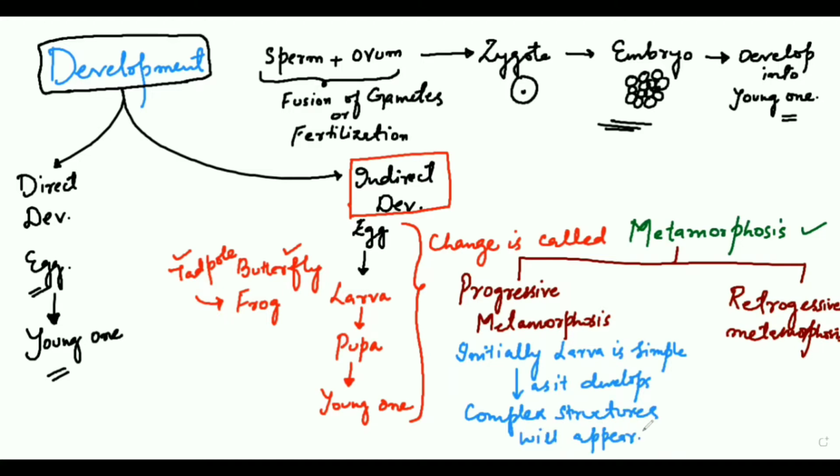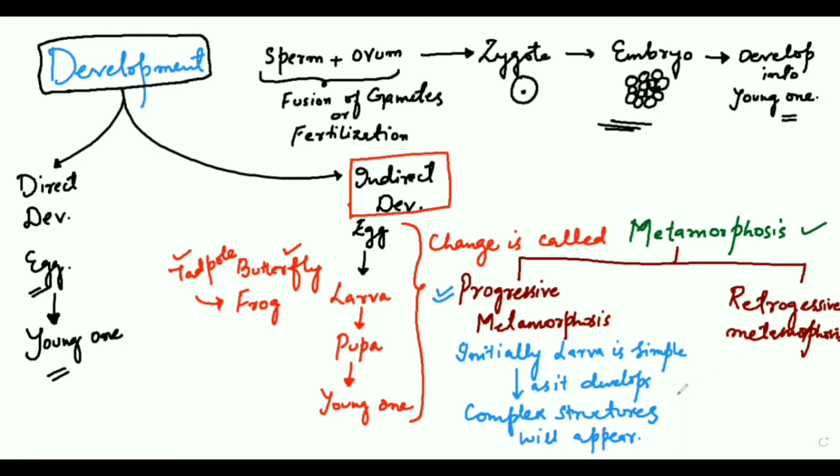You'll see that the initial larva has very simple organs and organ systems, but as it develops further, it will start showing complex structures. That means the complexity of this larva will increase with the passage of time. If that type of metamorphosis is happening, you will call it progressive, because the organism is progressing towards complexity. That's why you call it progressive metamorphosis.